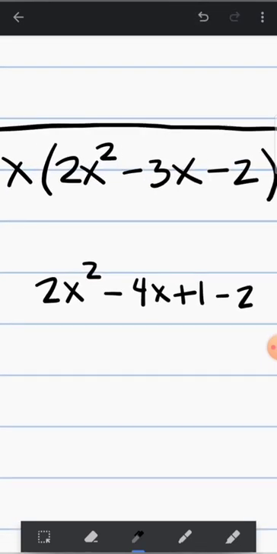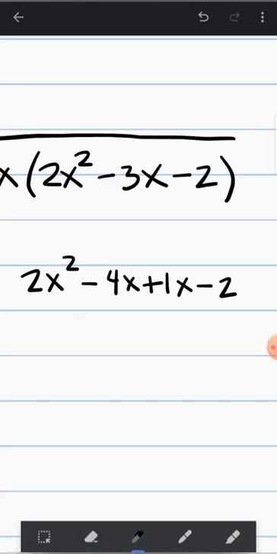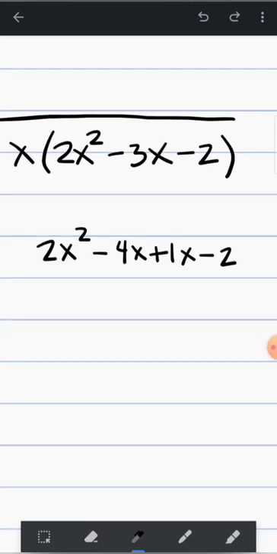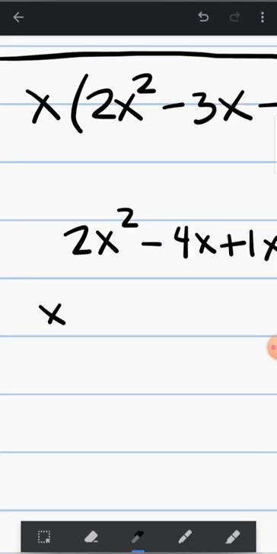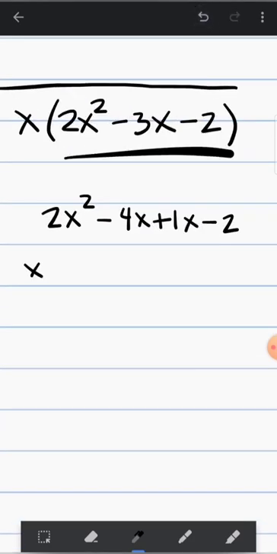This is 1x, or just x. Because negative 4x plus 1x is negative 3x, and negative 4x times 1x is negative 4. And then factor out the common.